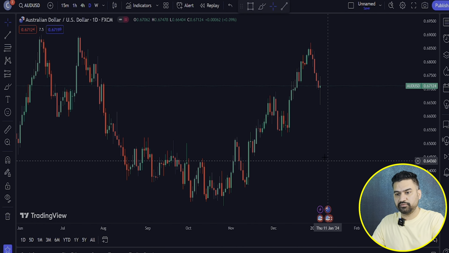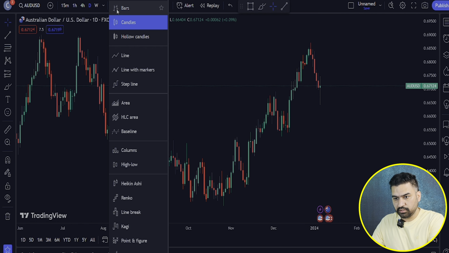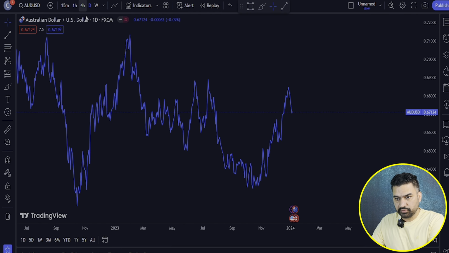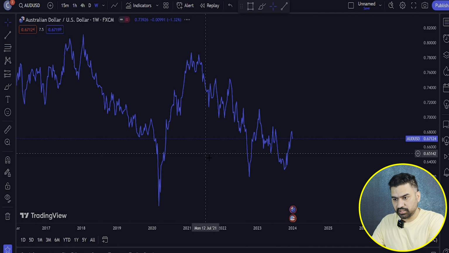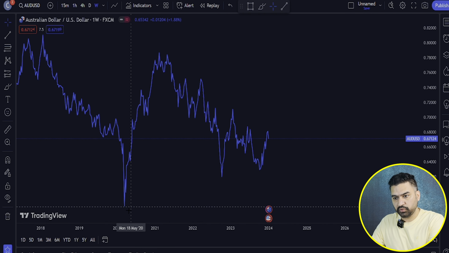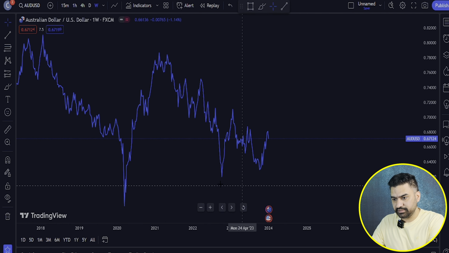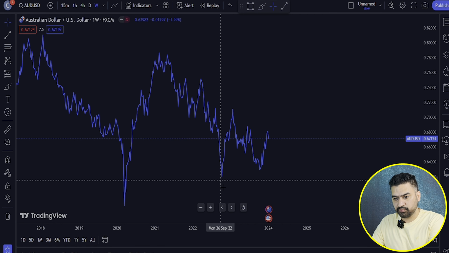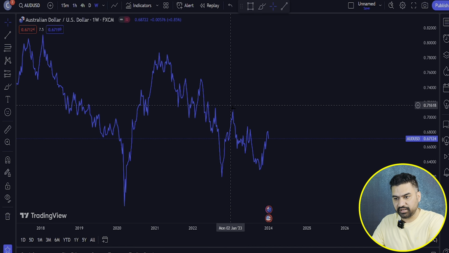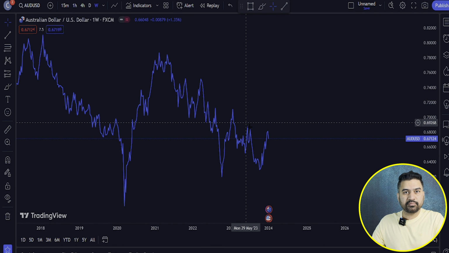So we will change from here at the top to the line chart, on the weekly chart. Then you can easily see this is the support and this is the resistance. This is again one support. Here the price gets rejected, then again gets rejected here as well. The next step which I recommend for a beginner is always to look for the trend.